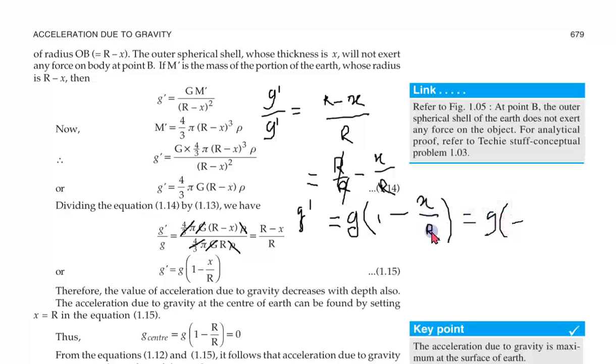1 can be r x into the r meter r 2 and cancel both r at the center. 1 minus 1 equal to 0.